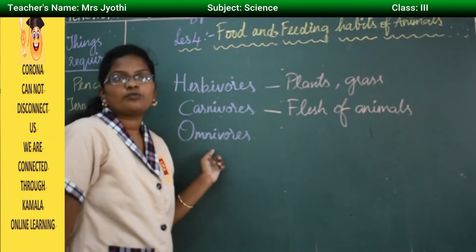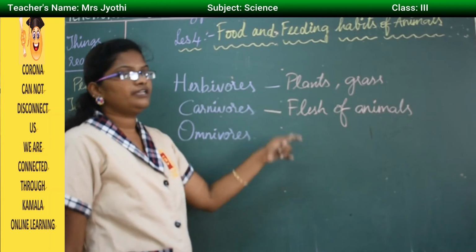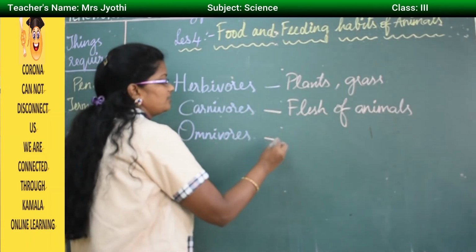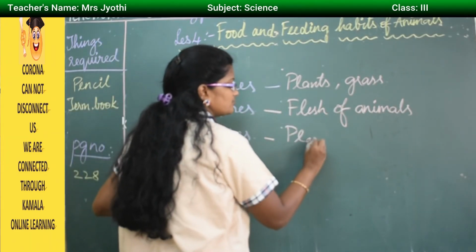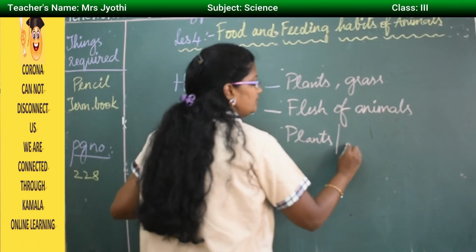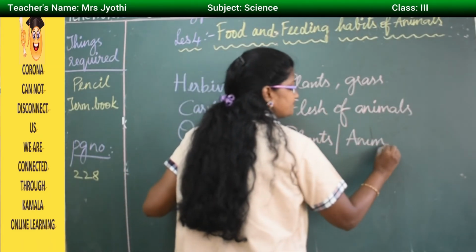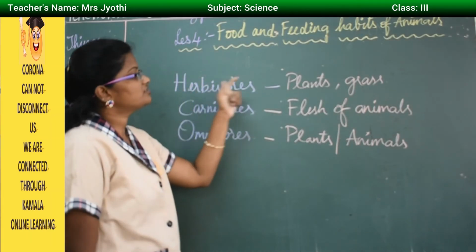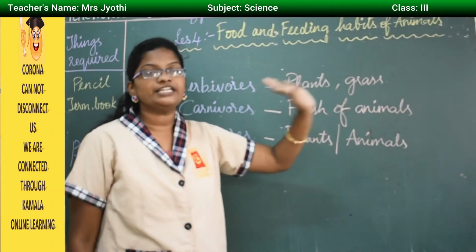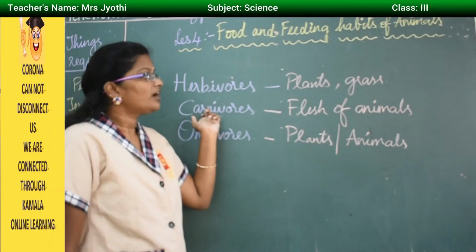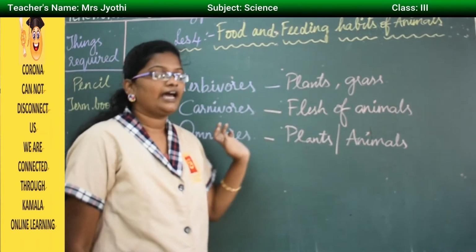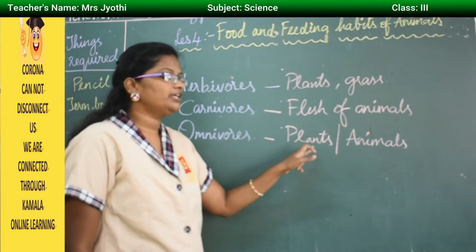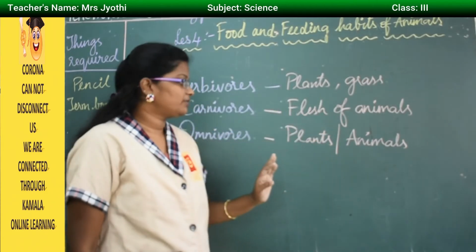And what about omnivores? Omnivores, they eat both. They eat plants and animals. Yes. So herbivores eat only plants, grass, leaves and all. Then carnivores eat flesh of animals, and omnivores eat plants as well as animals.